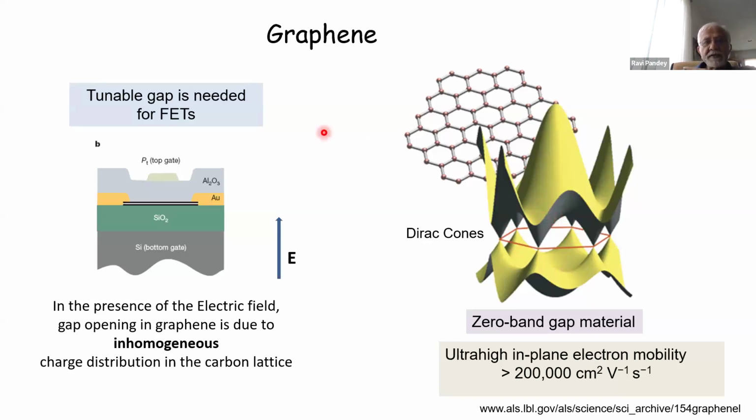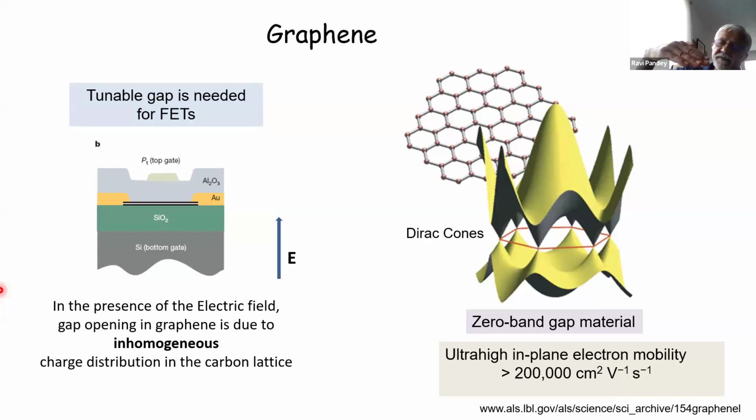So what people have done is, because we want a tunable gap, they have used a graphene bilayer. The hypothesis is you have the graphene bilayers, monolayer graphene 1, graphene 2, and you apply the electric field. So with the electric field, the carbon atoms in the bottom layer experience a different electric field compared to the top layer.